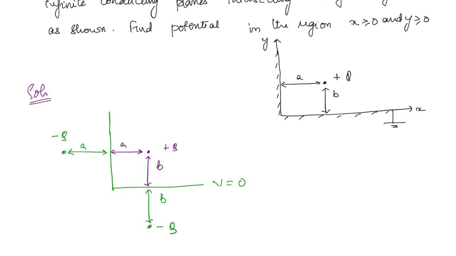So this means that you have to extend these conducting planes and draw the images about those particular planes as well. Okay, so what will be this distance? It will be b, right? And this distance is also b, and this distance is a.